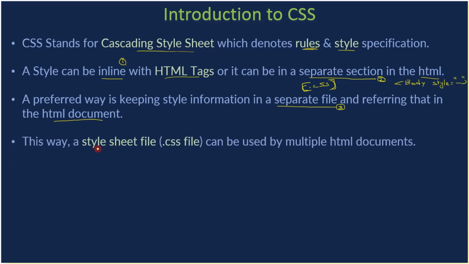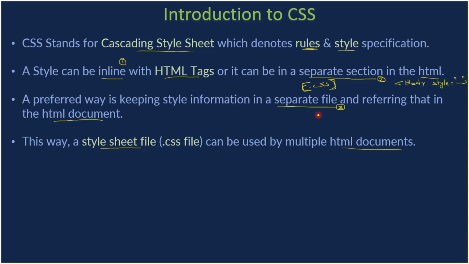This way, a style sheet file can be used by multiple HTML documents. So in these two, the CSS cannot be reused, but when you place the CSS rules in a separate CSS file, then those rules can be used by multiple HTML. Why?